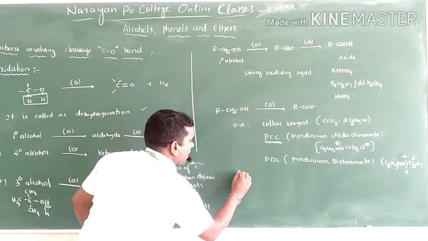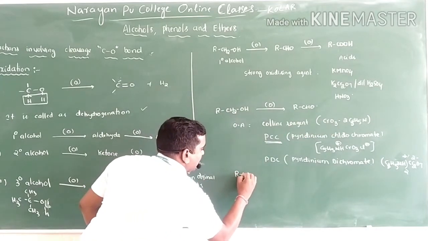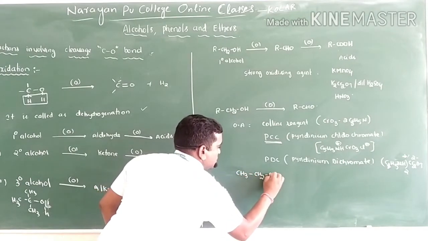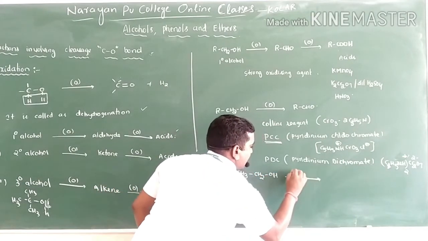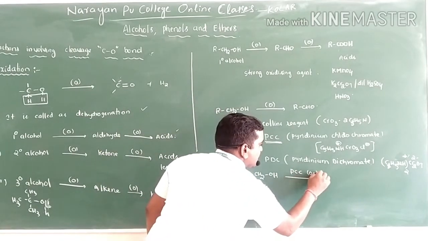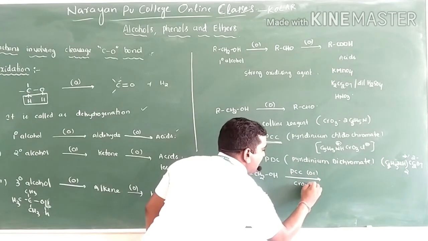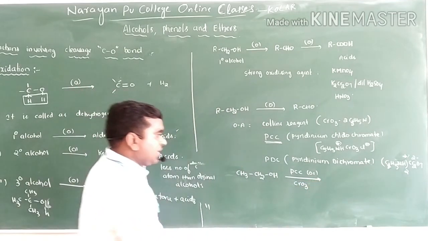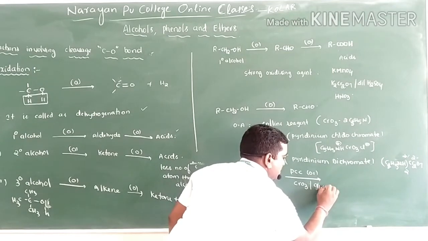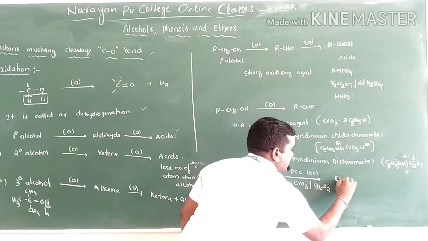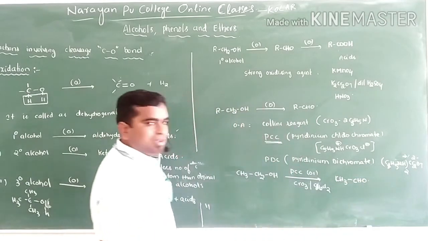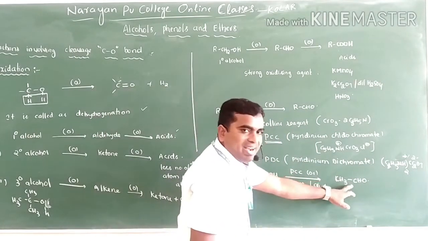A simple example: suppose I write CH3CH2OH. If I use PCC here, or you can use CrO3 in dry solvents like CH2Cl2, then this compound is converted into CH3CHO. It stops at the aldehyde stage only.